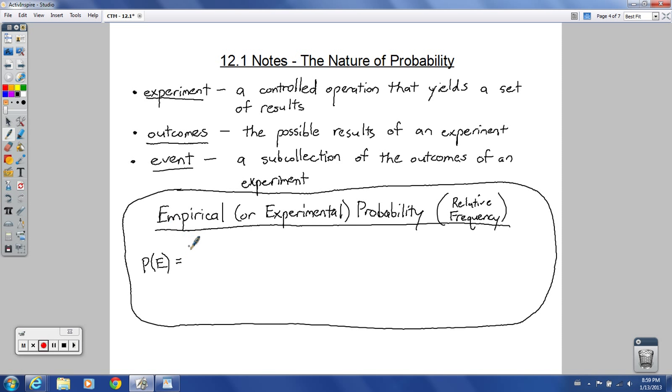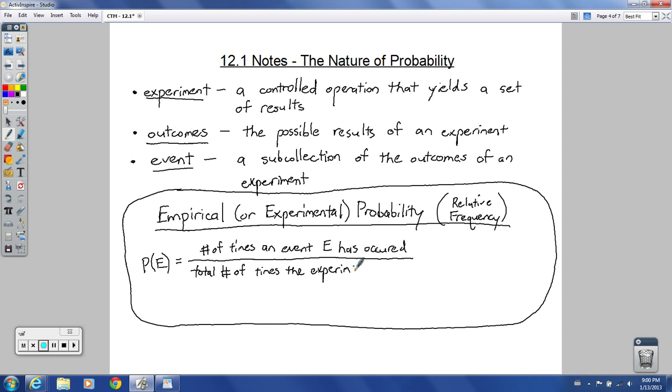So the probability of an event occurring is the number of times an event E has occurred, putting that on the top, over the total number of times the experiment has been performed. So that's kind of the technical definition.